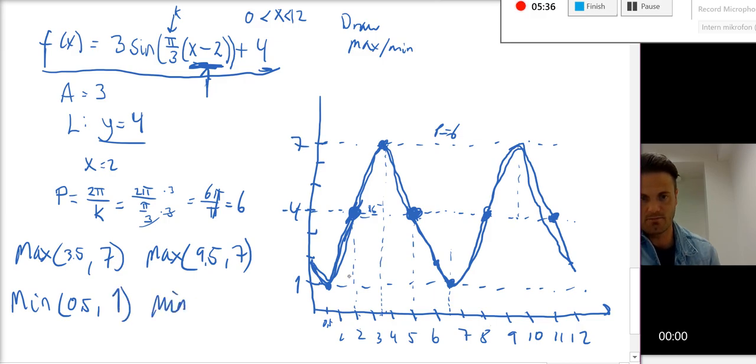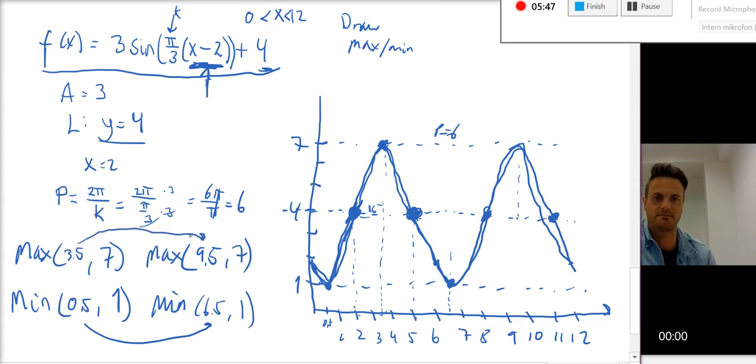We have another minimum point at 6.5, and the y-coordinate is 1. You see it's 6 between each maximum point and 6 between each minimum point. So that's an example of how we can draw the graph of a trigonometric function like this and easily find the minimum and maximum points.